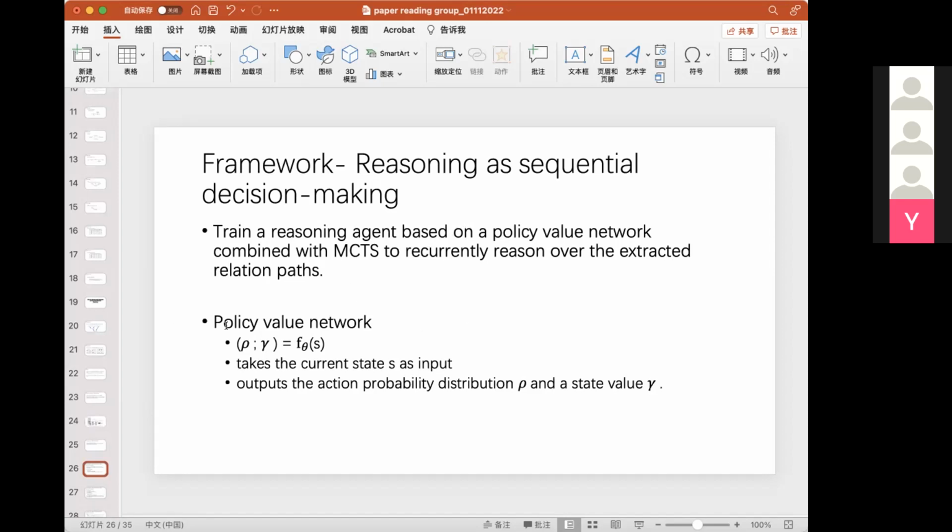The policy value network will take the current state as the input, and then it will output the action probability distribution and the state value. We will introduce what the action space and the state value are in the following slides.